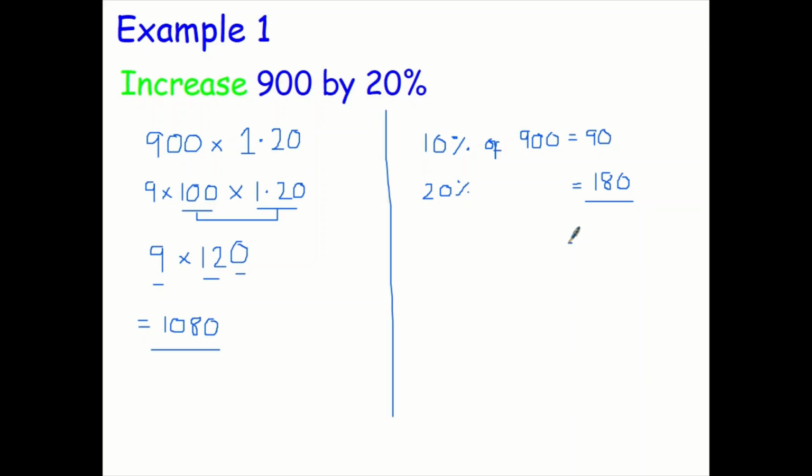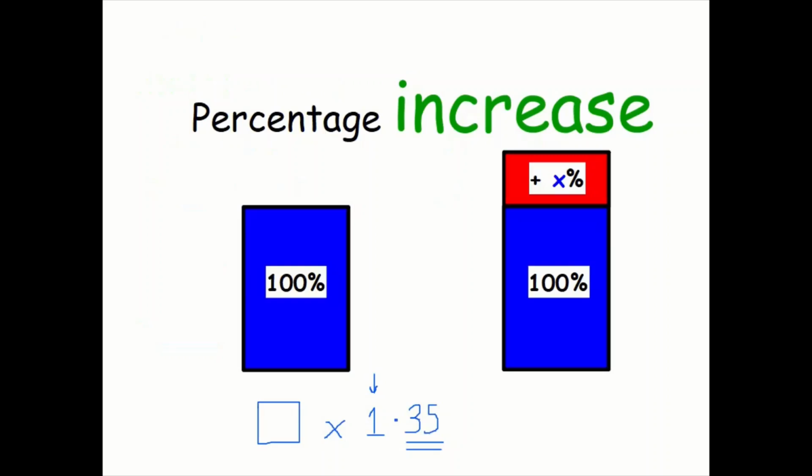So I'm going to do a sum, a bit like you saw in the diagram at the beginning here. I've got my 900, this is like my 900 now in that example, and I am adding on the 180 that I've just found.